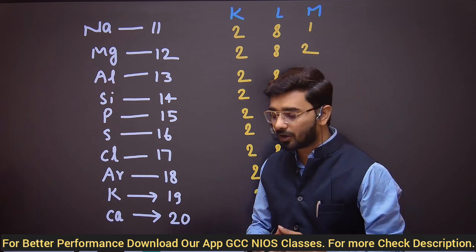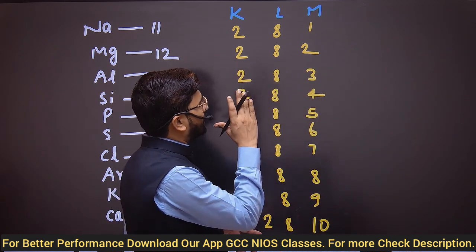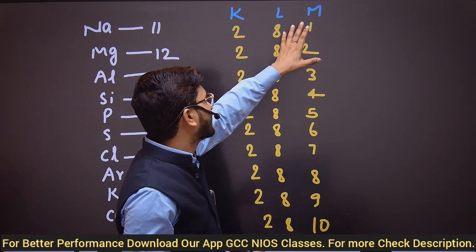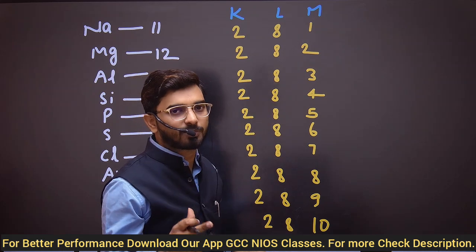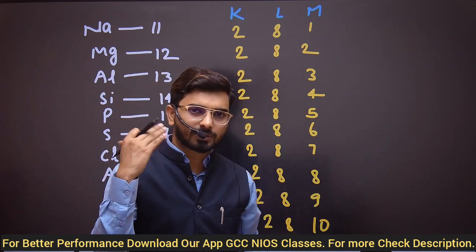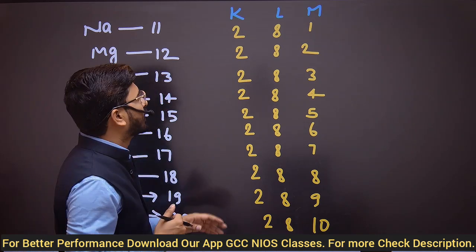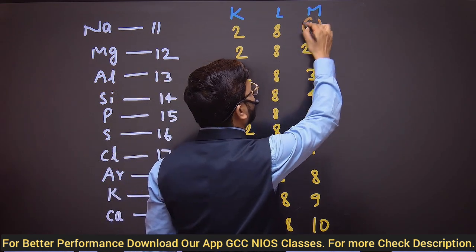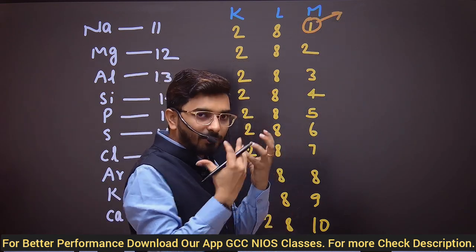But here it's not 8 electrons, it's only 1 electron. Sodium would require an additional 7 electrons to make 8 and follow the octet rule. But that's not possible in chemistry, you know very well, because a maximum of 3 electrons are allowed for donor and acceptor. That's why sodium decides to donate this 1 electron to someone so that it gets stability.